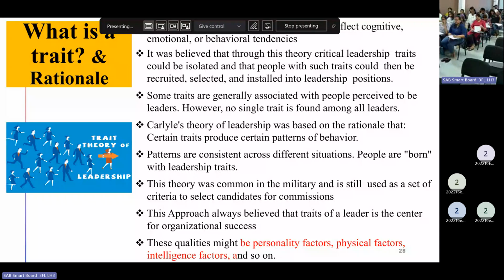What is personality factors? You see that the 98 characters you can group into 3 factors, 3 groupings. How many are these? 98. Right? So they group into personality factors. Physical factor, what examples? Height. So put 3 columns: physical factor, personality factor and intelligence factor.